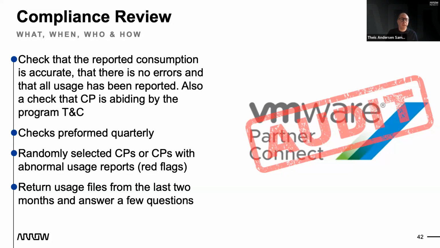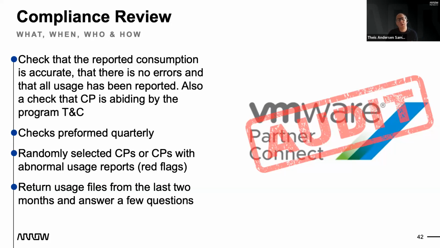Basically, it's to check that you have usage meter installed, that the things you're reporting are correct, that you have divided your environment and you're not running other stuff in there, or double reporting. Normally it's just the usage files. They will check whether it adds up with what you have reported on the monthly billing order.